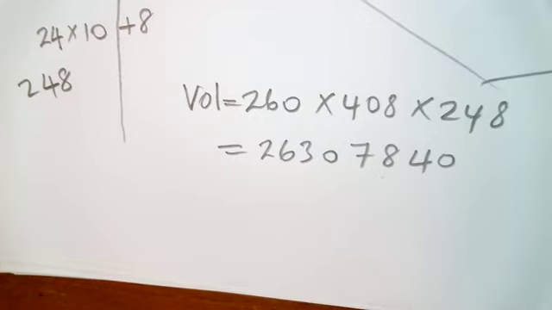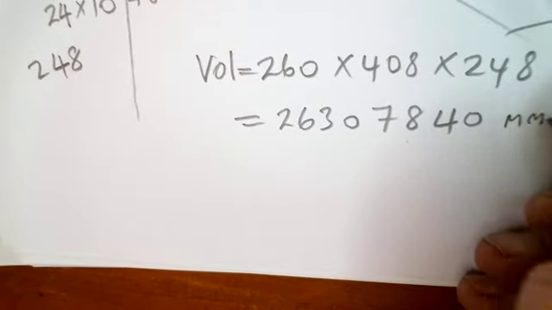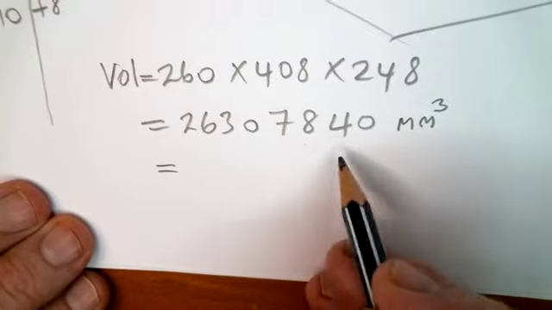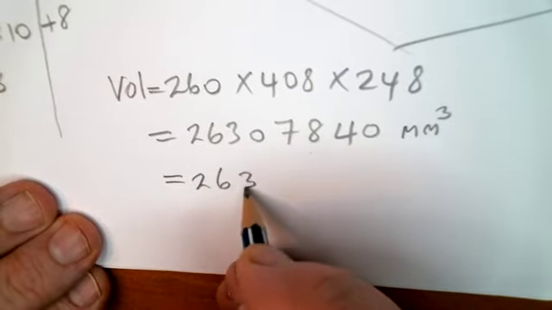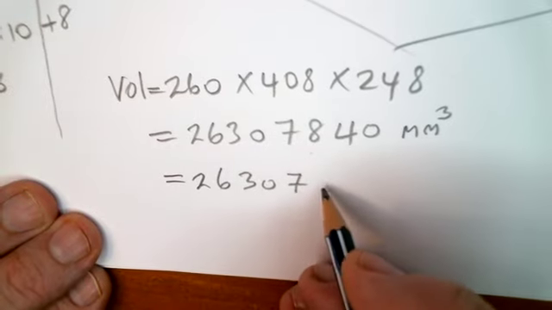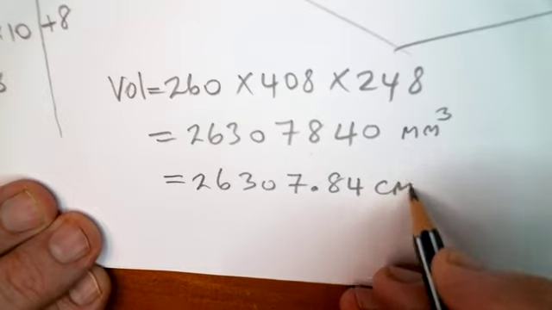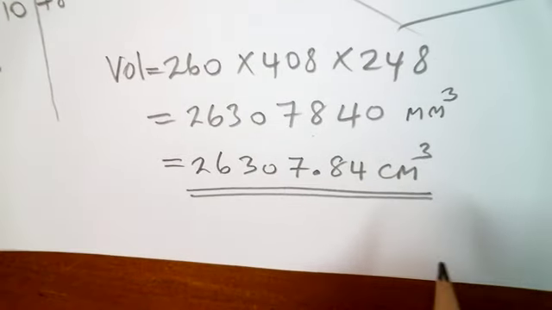It doesn't actually say, so that would be, of course, in cubic millimeters. Now, if we change that into cubic centimeters, then we'd lop off 1,000 there, and this would be 26,307.84, and that would be cubic centimeters. And that would be my answer.